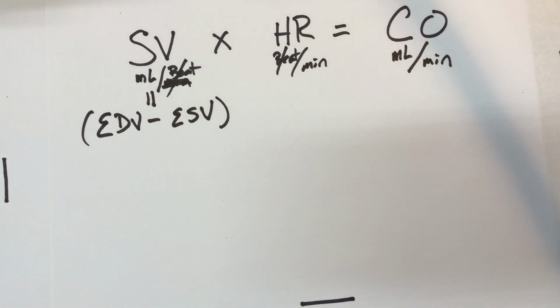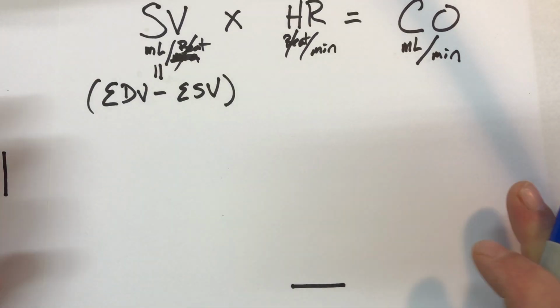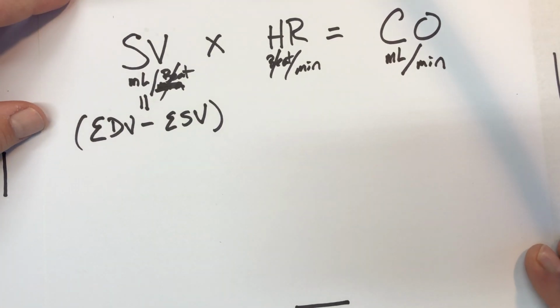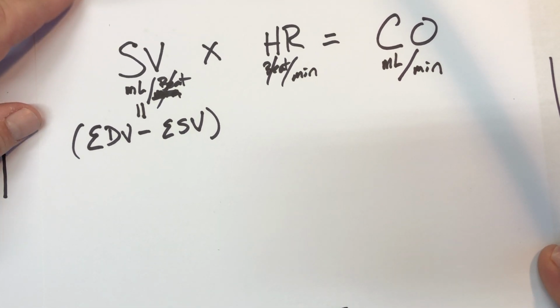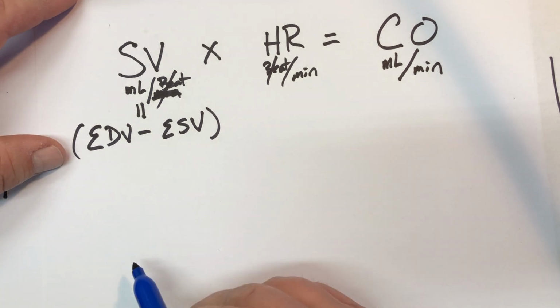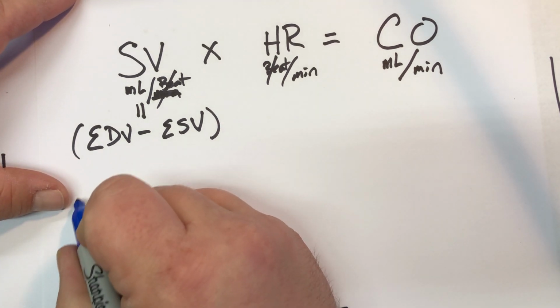Okay, so three factors affect stroke volume, and as a result of affecting stroke volume, have an effect on cardiac output. First on the list is preload.